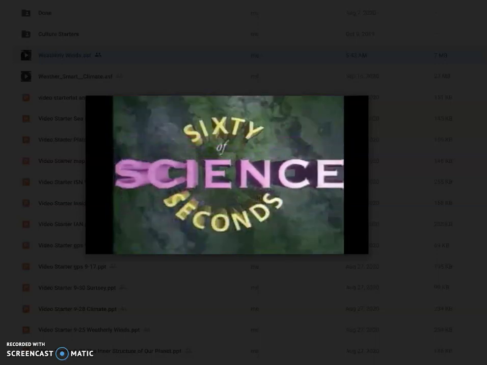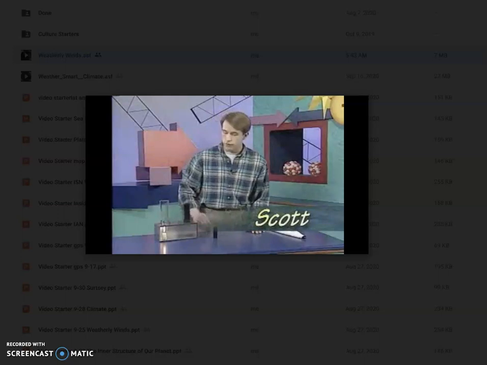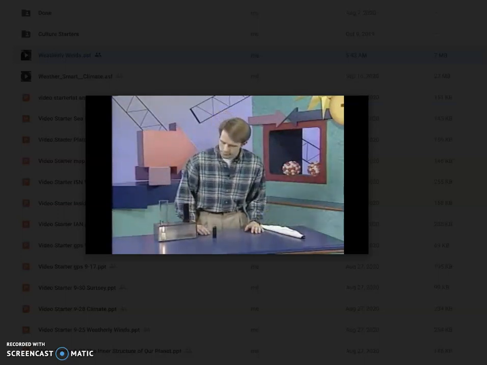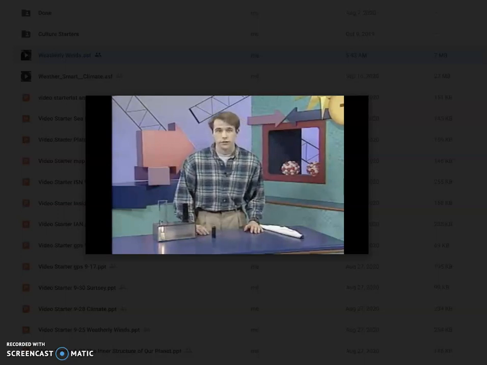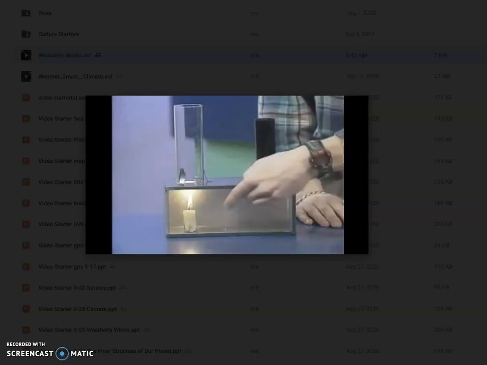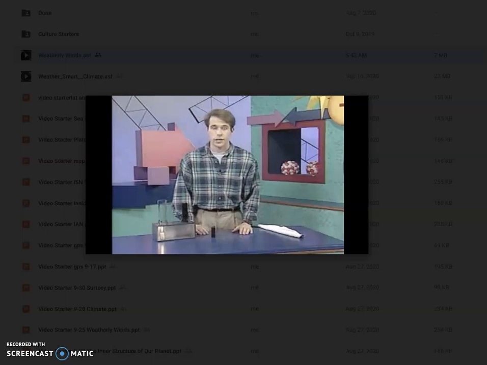We can demonstrate a convection current by using this convection apparatus. I've lit the candle under this chimney. The heated air from the candle rises, same as warm air rises from the surface of the earth. Cold air rushes in to take its place. This cold air is heated, and it rises, allowing more cold air to take its place.